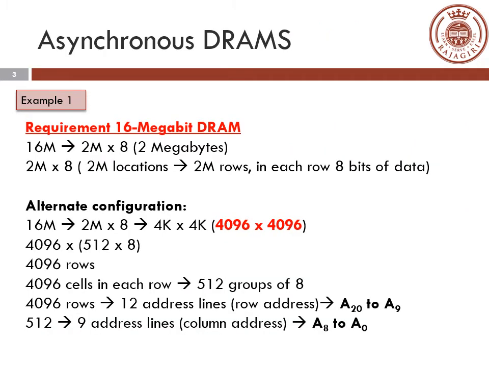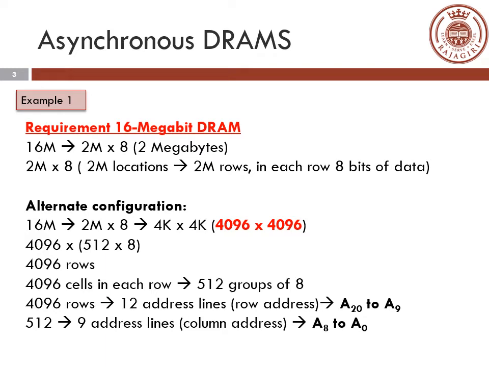Now our requirement is to make a 16 megabit DRAM. So 16 megabit DRAM can be written as 2 megabytes, that is 2 mega locations, and in each location you are having a byte of data, or 8 bits. So in general you can say that a 16 megabit DRAM is a 2 megabyte DRAM.